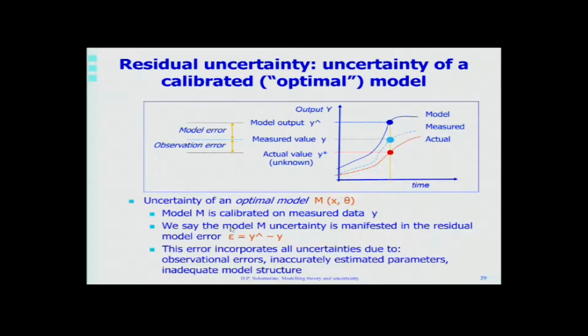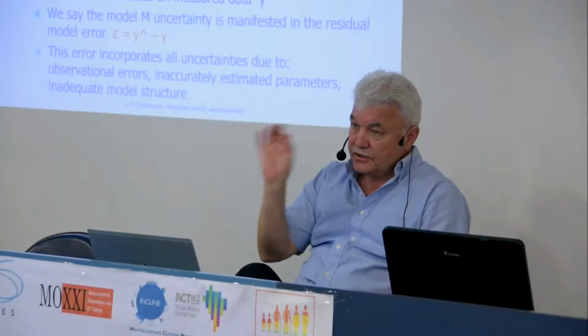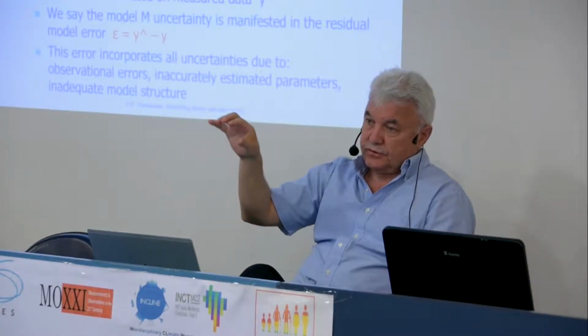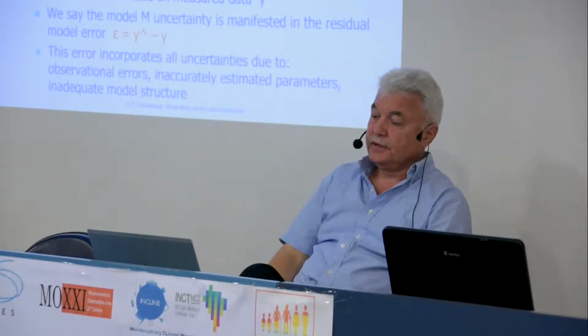Then we say that the uncertainty of the model M is manifested in the residual uncertainty, which is this model error for that time moment. It's the so-called residual uncertainty. So we did everything possible to build a nice model. Still it has an error, a residual. It means what is left over. Left uncertainty, still present, residual.